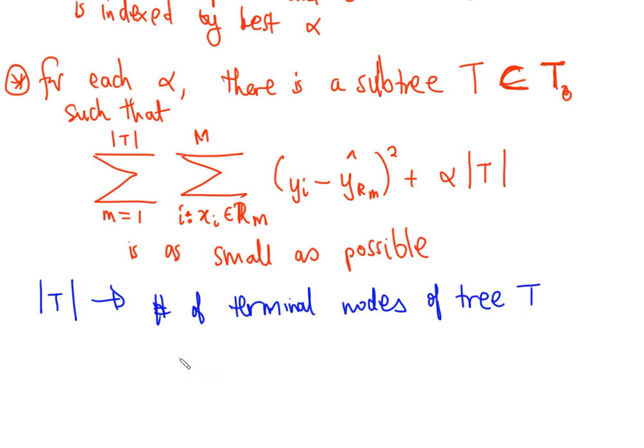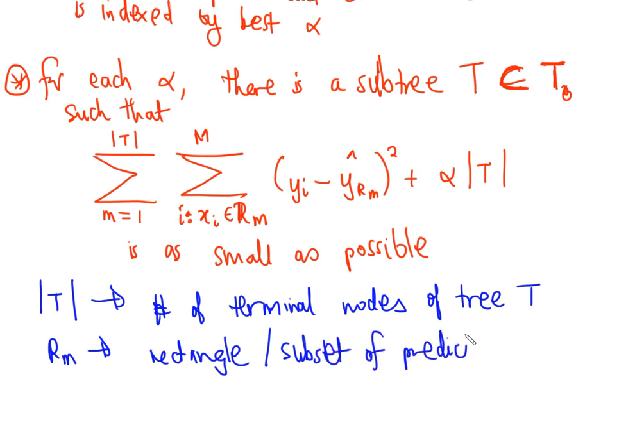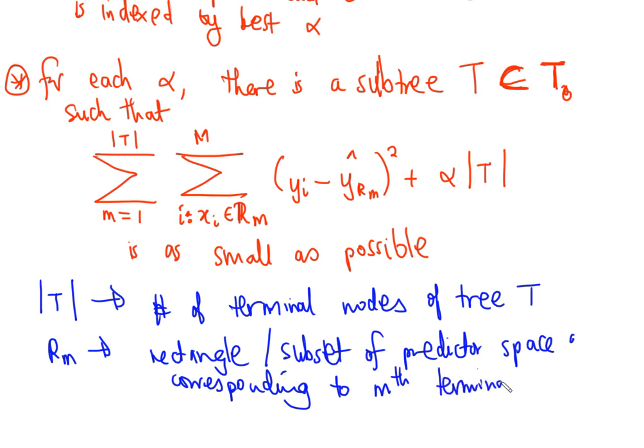Right? And we know that Rm is just going to be the rectangle or the region or subset of predictor space corresponding to region number m, corresponding to the mth terminal node or region, because you saw that our terminal nodes, those are our regions, right?